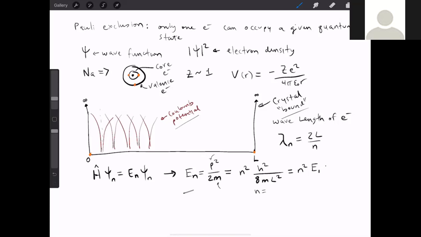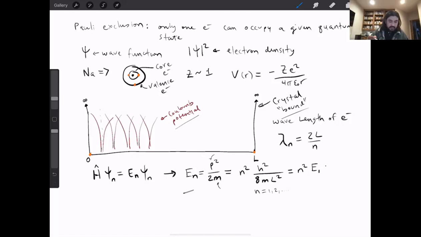And n squared E1, so even if we have n equals 5, we have 5 squared multiplied by E1. So the fifth eigenstate is the first eigenstate times 25. The sixth eigenstate is the first eigenstate times 36, and so forth.